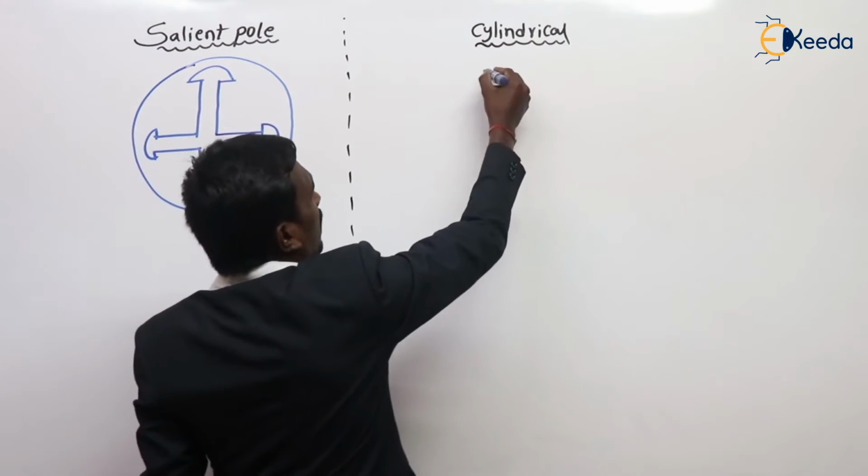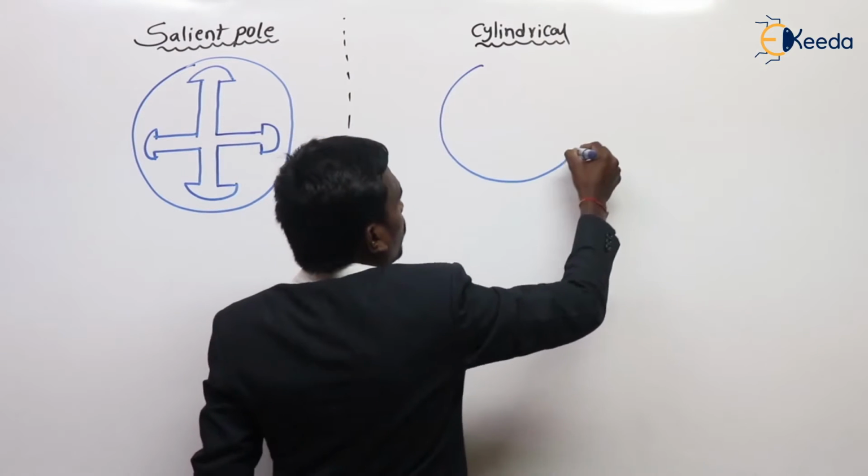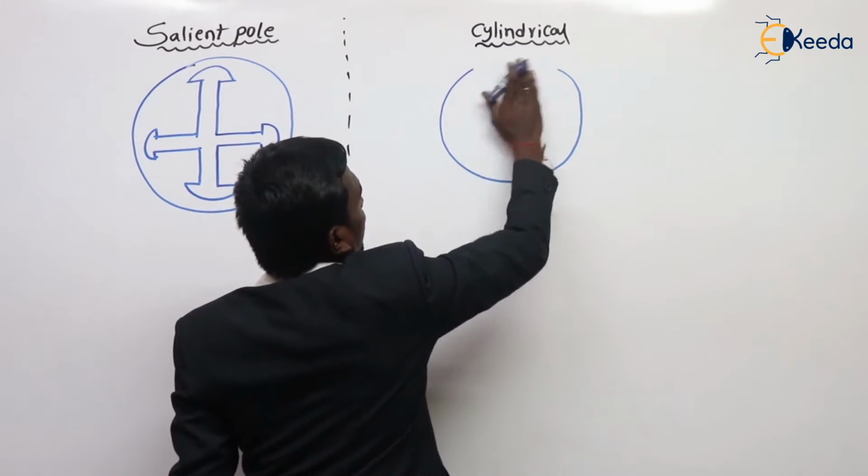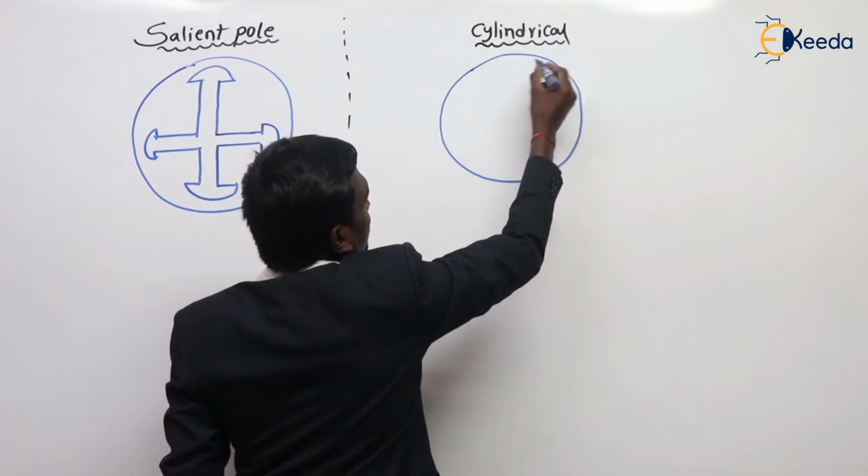And see how the cylindrical type of rotor is. The cylindrical type of my rotor is like this.